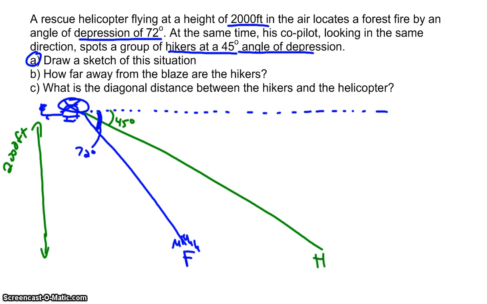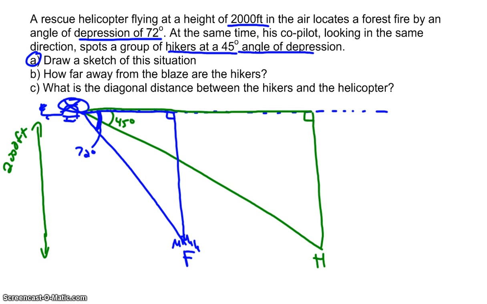And so now we're going to use our right triangle trig, and how we're going to do that is I'm going to make a triangle up to the line of sight, if they're looking straight ahead, for the first one. And I'm going to do that for the second one. And you'll notice I have two triangles: a small triangle in blue here and a large triangle, in green going across. So you see that they kind of overlap.